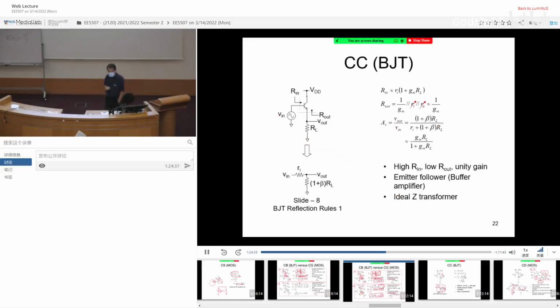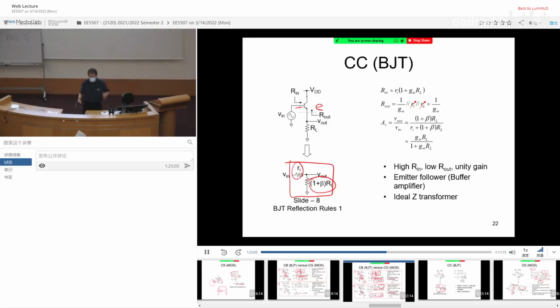Common collector: you connect the input to the base, and the output comes from the emitter. We can use a simple, intuitive circuit that we derived earlier when we came up with the reflection rule. Between V in and V out, I can consider it as having a Ri on one side, and 1 plus beta RL on the other.